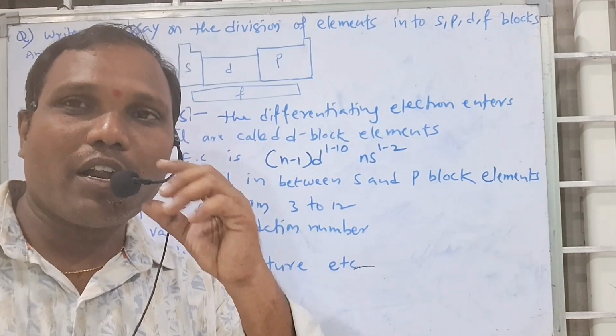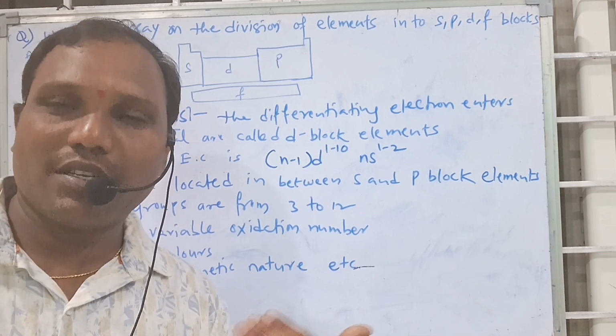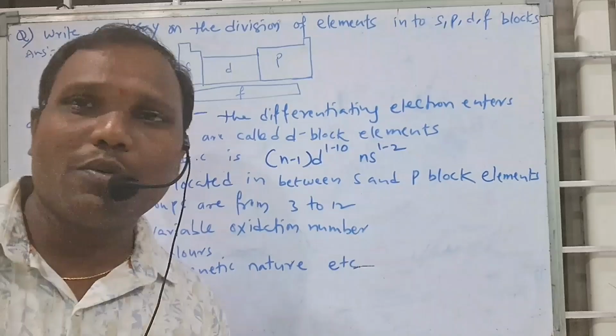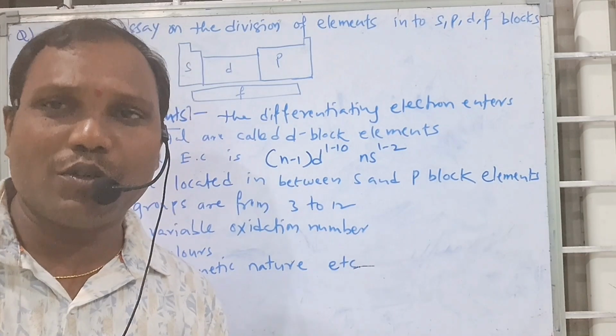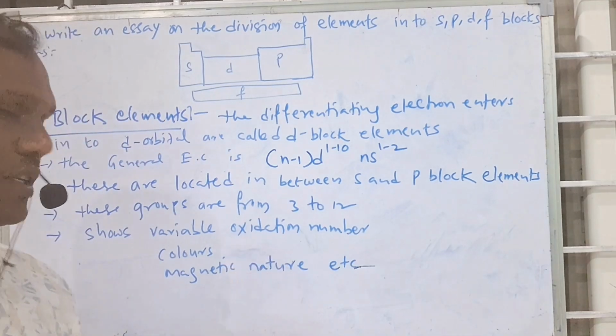D block elements show various characters, like variable oxidation number. For example, iron shows +2 and +3, manganese shows +2 to +7.